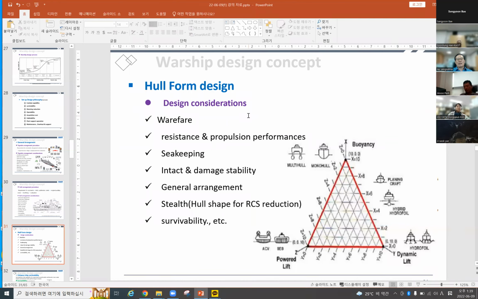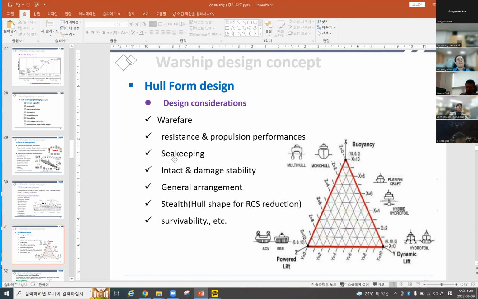Hull form design is very similar to that of a commercial ship, but there are different considerations for warfare. For example, for warfare, quick speed, propulsion performance and seakeeping.